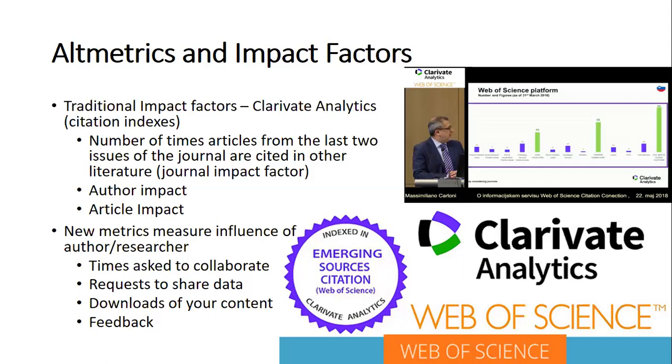So the number of times your profile was visited, the number of downloads of your content, requests for assistance or advice, requests for collaboration, requests to share data, numbers of times a page was viewed, maybe numbers of times things were mentioned in news reports, that kind of thing.